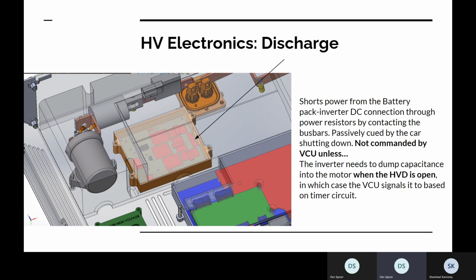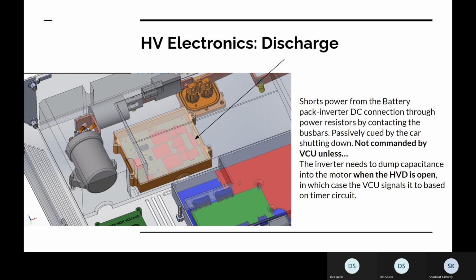So what we do is we send a signal to the VCU to then send a signal to the inverter to let it know that it needs to discharge itself. It takes that energy that's in the DC link capacitors inside of it, sends that to the motor, and essentially just vibrates the motor to discharge the little capacitance it has left.